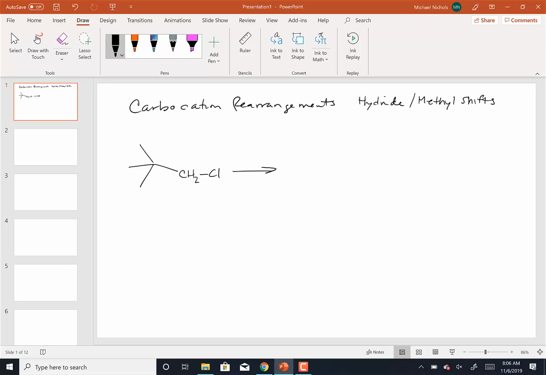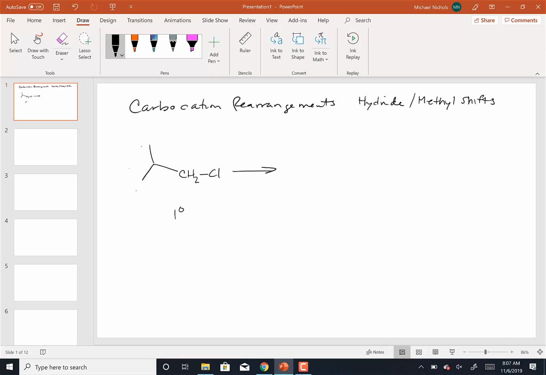We weren't really doing an E1 reaction, and it wasn't really an SN1, but what we were doing was reacting this particular molecule, which is isobutyl chloride, in a reaction I'll show you next semester. But here's what can happen with a primary system.